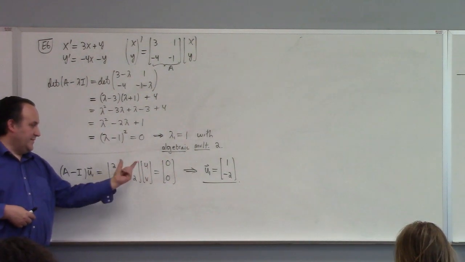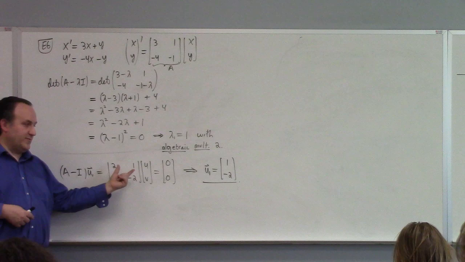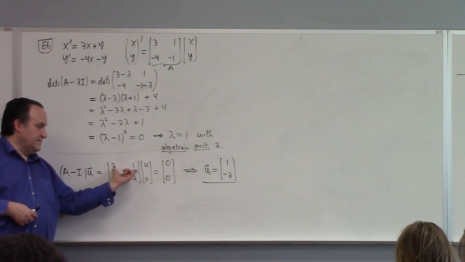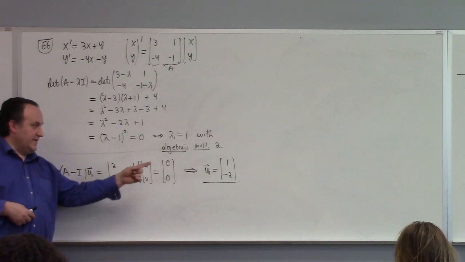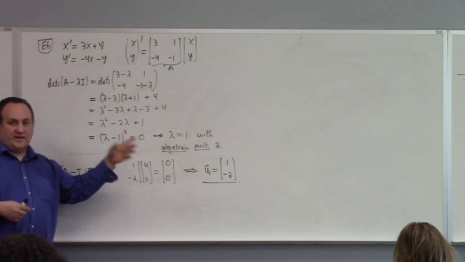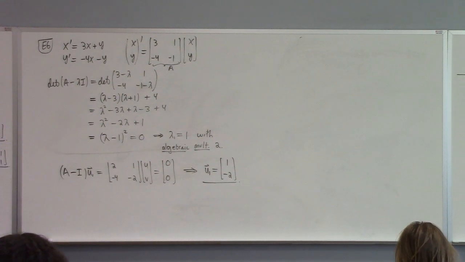Let's see, if I put a 1 there and I put a minus 2 there, I get 2 minus 2 for the dot product of this and that, and likewise that. So that works. But yeah, you could go through the equations if you want. Or you can just write down the answer. For a 2 by 2 at least, I can always just write down the answer.